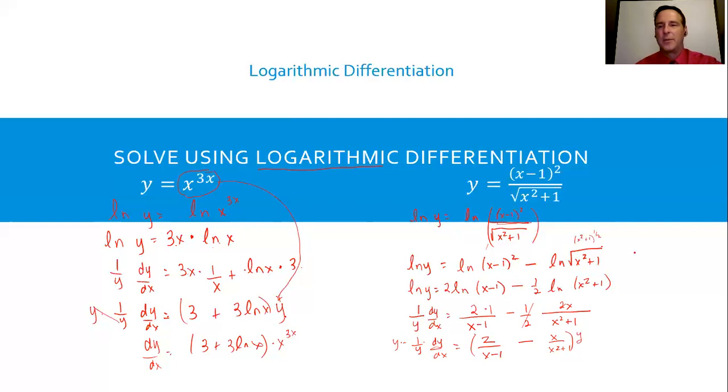All right, and so I'm going to get my dy dx is equal to 2 over x minus 1 minus x over x squared plus 1, all times y. And what's y? You're right, it's the original expression. All right, so you're going to have to put that in there by substitution.